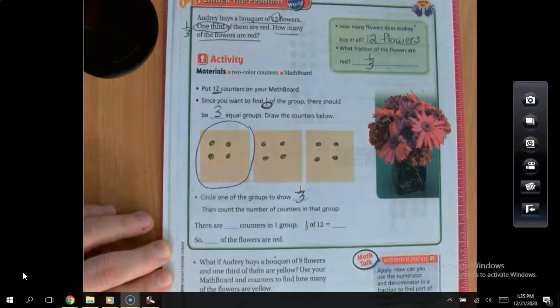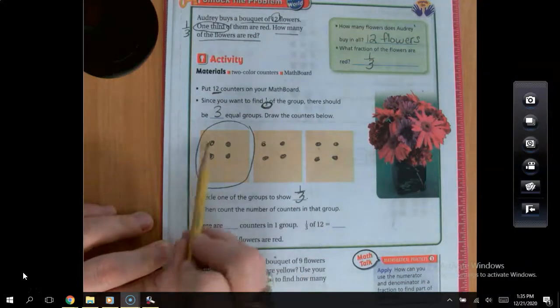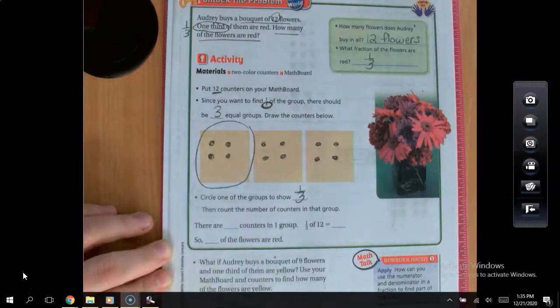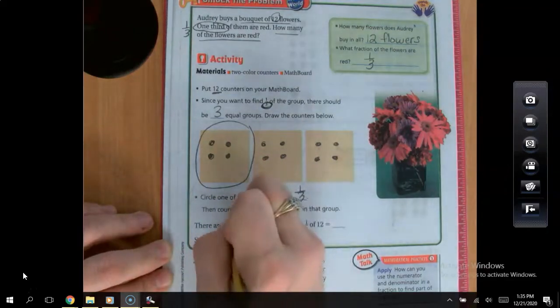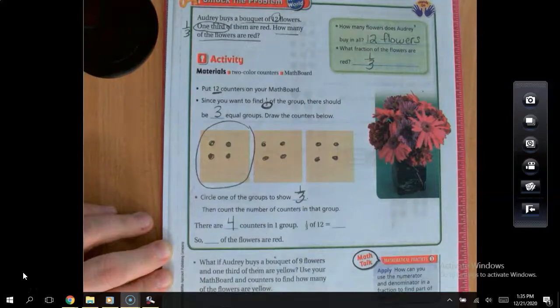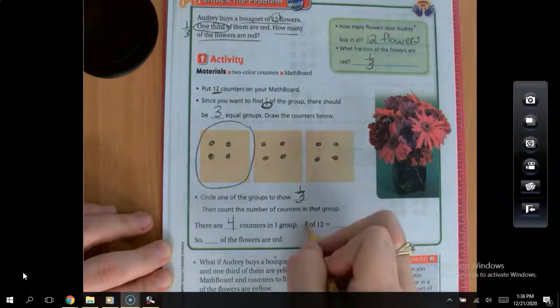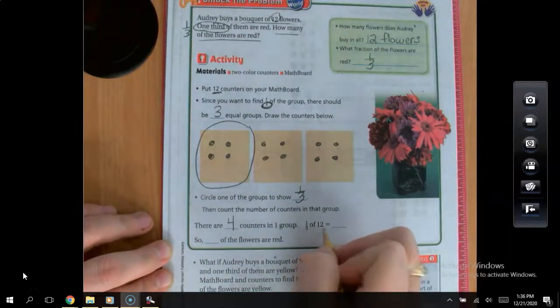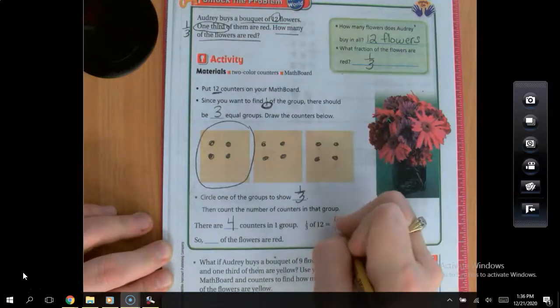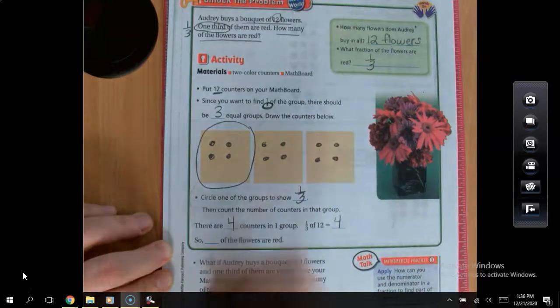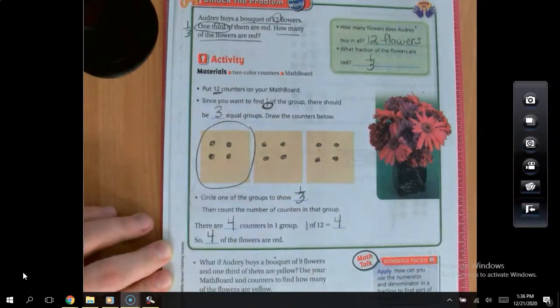Well, how many counters are in that one group? 1, 2, 3, 4. There are 4 counters in one group. So 1/3 of 12 equals what, boys and girls? 4. So 4 of the flowers are red.